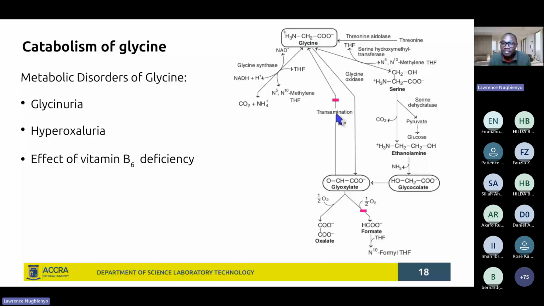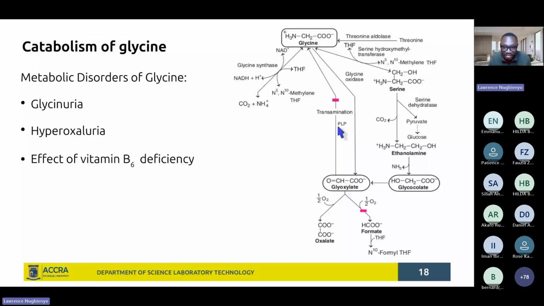And the enzyme transaminase, what is its coenzyme? Pyridoxal phosphate. Pyridoxal phosphate, vitamin B6. And you see the red mark there is telling you that in the deficiency of this coenzyme, this vitamin B6, what will happen is that you'll be having accumulation of this glycosylate, because the glycosylate cannot go into the synthesis of glycine since you are having deficiency of this vitamin.